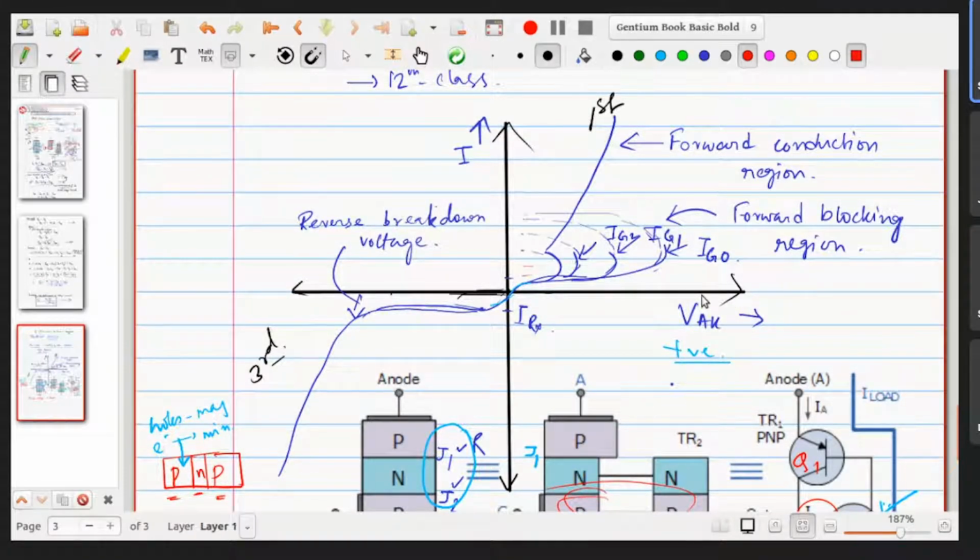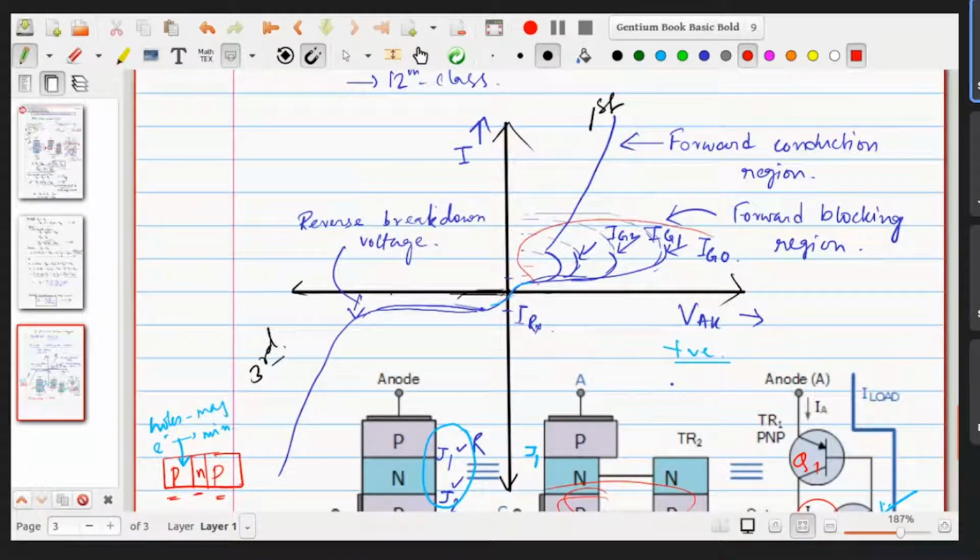After this VF point is reached, the transistors are going to be turned on. That is, the junction breakdown has been reached. Suddenly there is current flow through the device, and the device resistance will drop. So we move into the state of the forward conduction region.